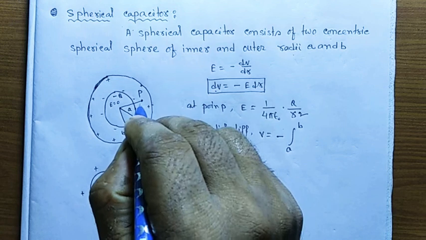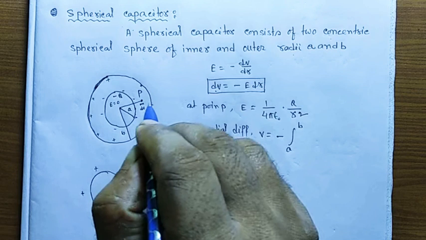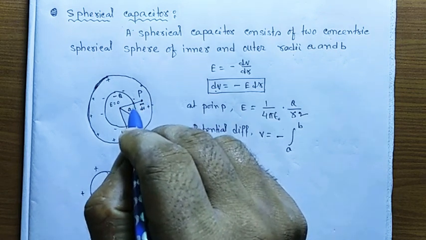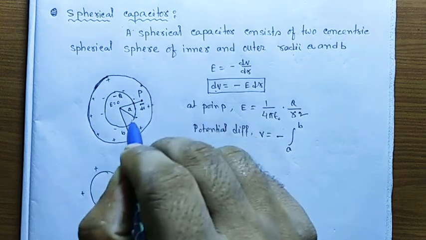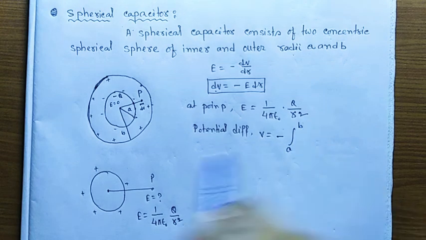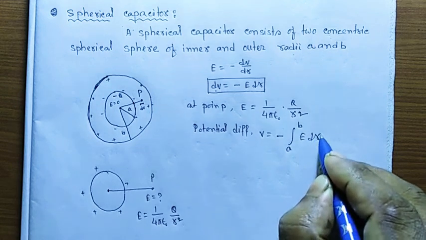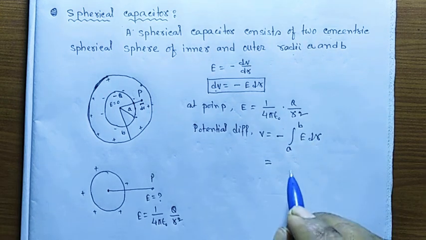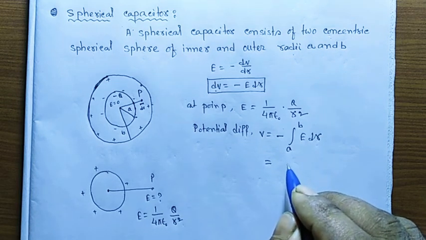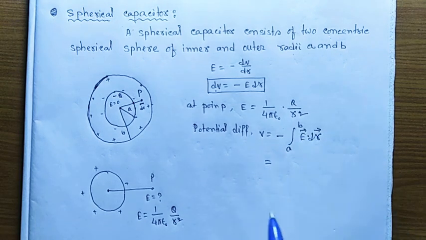If the two points are very close, suppose here, then it is the dV, and if we consider that the potential difference between the radius A shell and radius B shell is V, then V is equal to integration over A to B, then E vector dot dr vector.